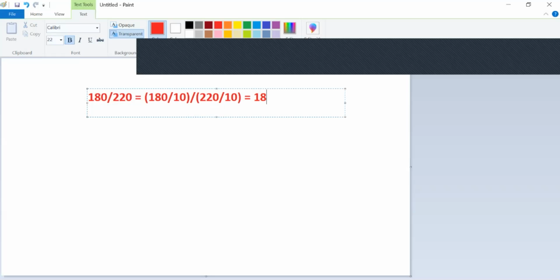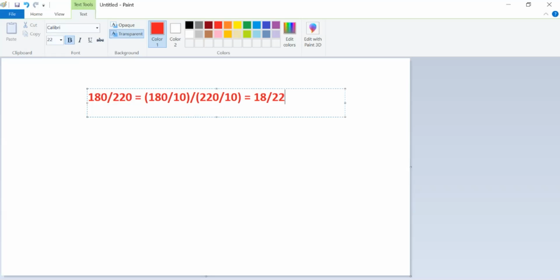Okay, but I'm not done yet. These both end in even numbers, so I can always divide by 2. Just remember those little rules. It really helps you. So what's 18 divided by 2? 9. And what's 22 divided by 2? 11. Perfect. So that's your answer.